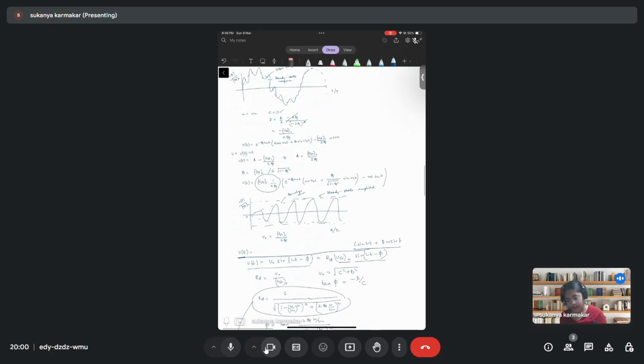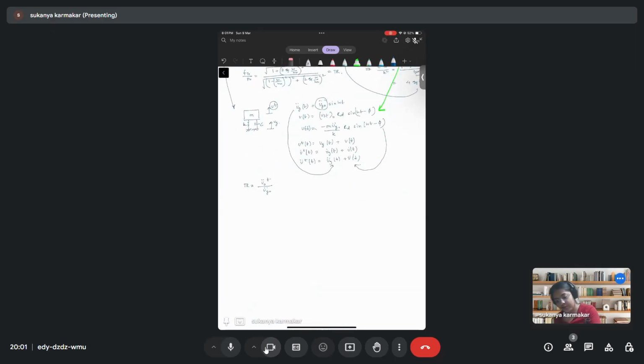Let's use these and write down the solution. u particular is equal to c sine of omega t plus d cos of omega t, where c is p naught by k, (1 minus (omega by omega n) whole square) by ((1 minus (omega by omega n) whole square) plus (2 zeta omega by omega n) whole square), and d is equal to p naught by k, minus 2 zeta omega by omega n by the same denominator.